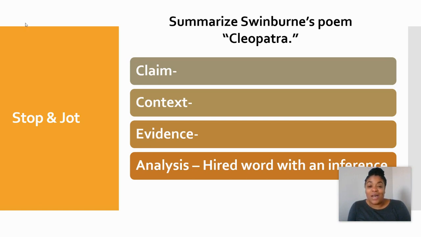Got it? So I'm going to give you a few seconds. You do not have to write this down, but I want you to use your T-chart. Identify which stanza best supports the claim that you have made. Now remember, you need 2 pieces of evidence. That means you should select 2 stanzas. All right, I'm going to give you a few seconds. If you want to circle, if you want to underline, whatever you choose to do to identify which stanza you're going to use, then that is what I want you to do.